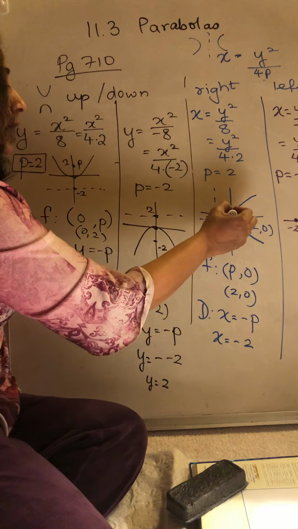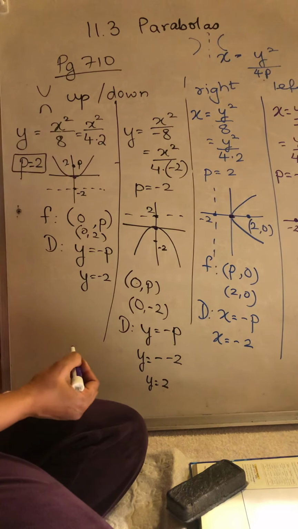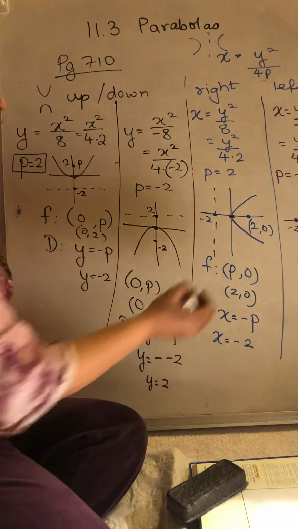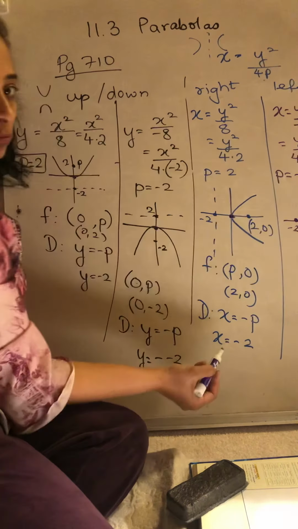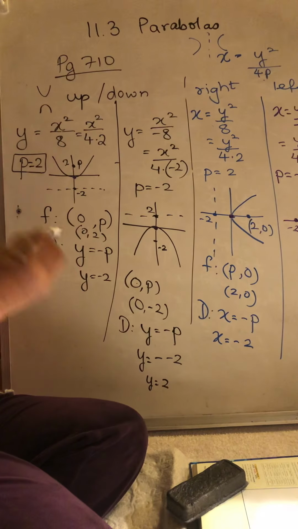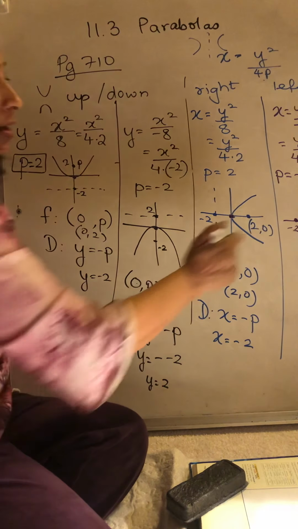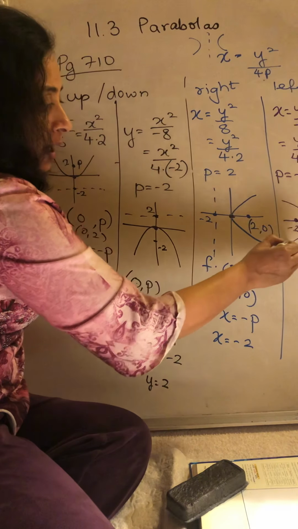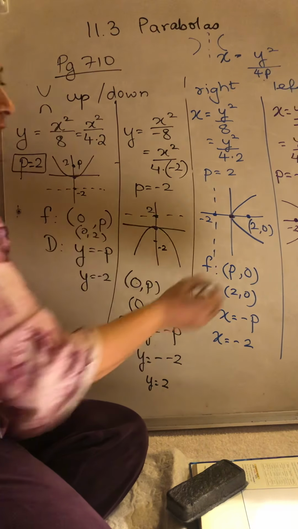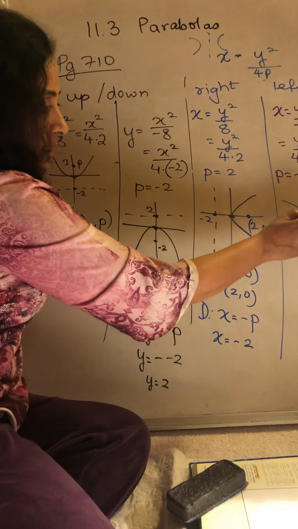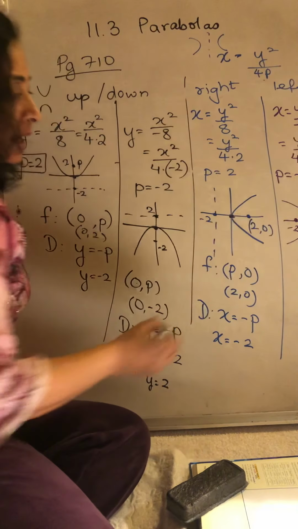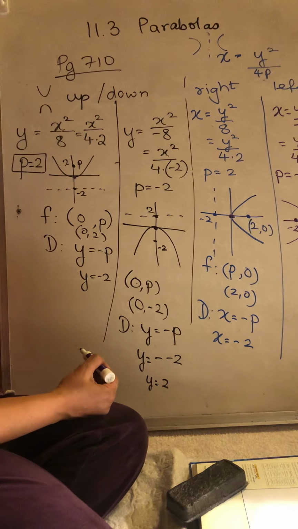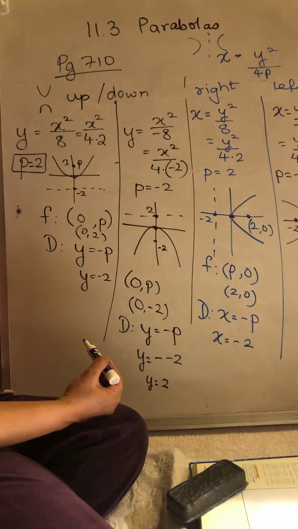If the vertex is here and focus is here, focus is always inside the parabola, so how can my parabola be here? No, it has to be like this. Whatever is this distance, some distance away, this will be my directrix. You need to know your opening and you need to know your equations of horizontal and vertical lines.